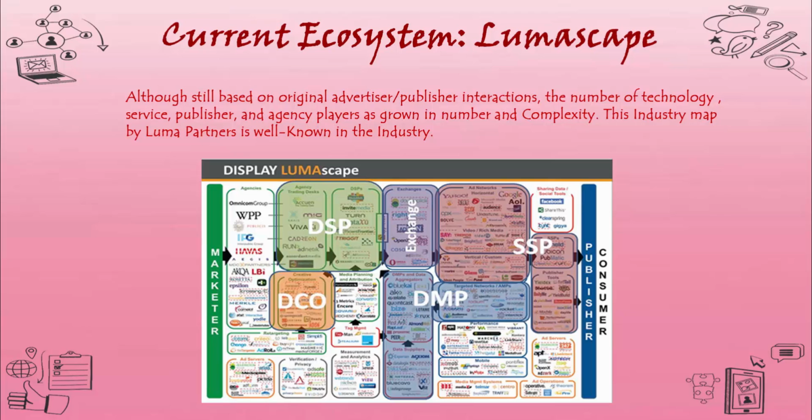I would just reiterate it once again and explain it in more detail with an example to understand better, because this is something which is an upcoming trend and the future of the digital media industry. Real-time media buying and planning, as discussed, involves two major parties: the marketer or the advertiser, and the second party is a publisher.